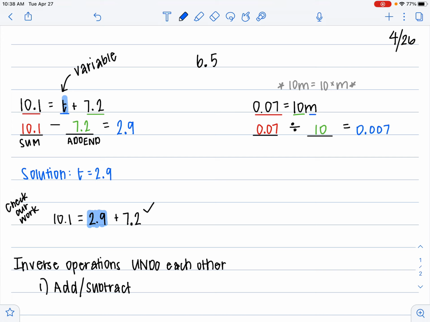We're dividing by 10, so we just move the decimal place one to the left. So the solution to this equation is M equals 0.007.